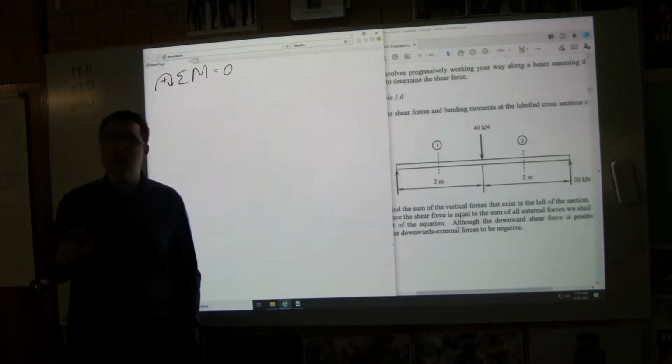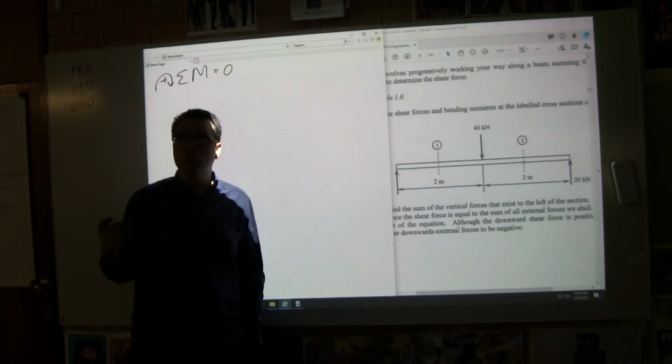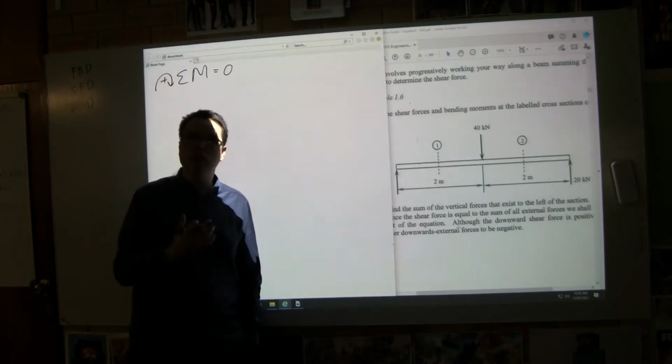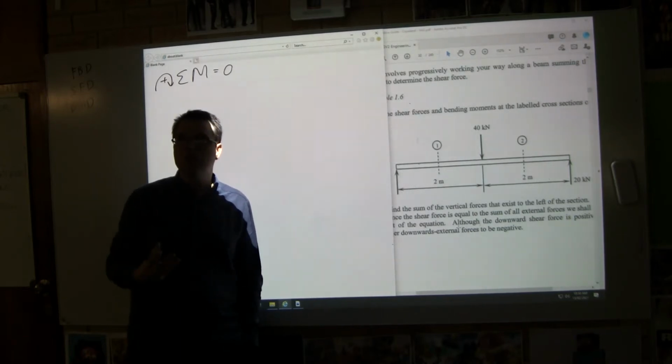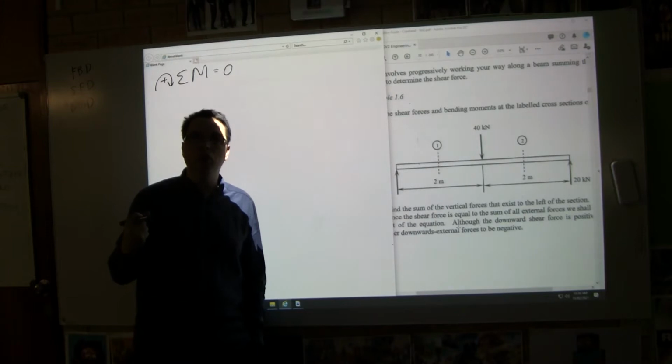But inside the beam there are internal forces, and if those internal forces are more than what the beam can provide, it's going to break. So yes, the left-hand side and the right-hand side are always going to balance so that they add up to 0, but how much force is going on really matters.